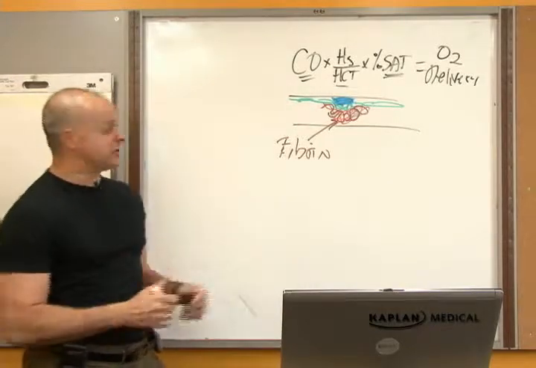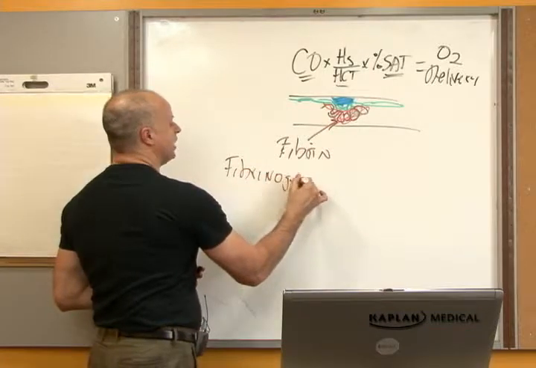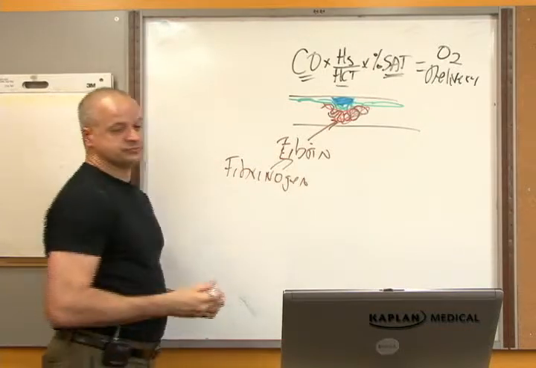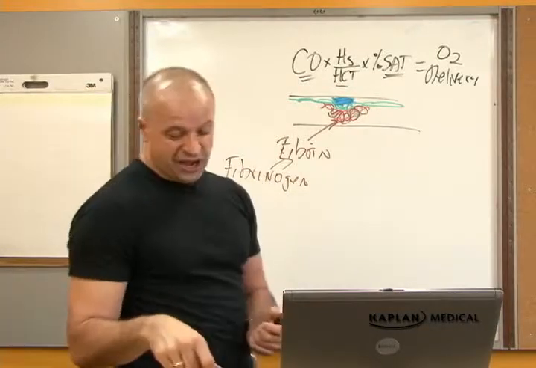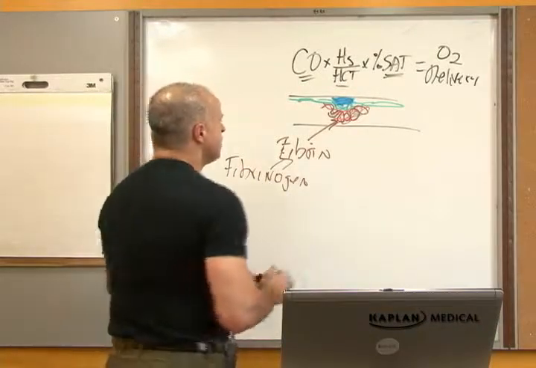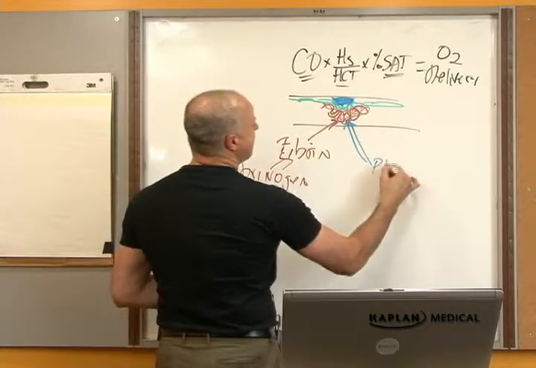Now, fibrin is made out of fibrinogen, and fibrin itself would get chopped up by plasmin.